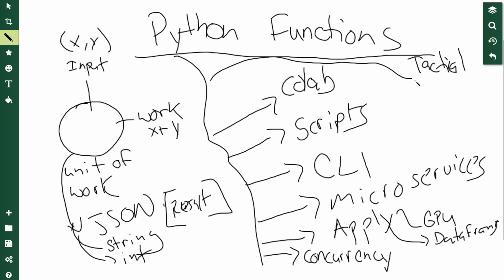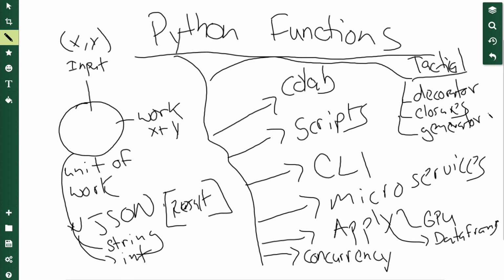Tactical Python would be, you can do decorators, which are pretty cool. You can also do closures. You can do all these kind of generators, right? There's all these really cool things that you can do with Python functions. So again, my opinion is that this is probably the most productive place to be working with Python, focusing all your time.